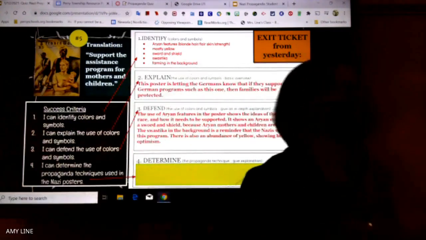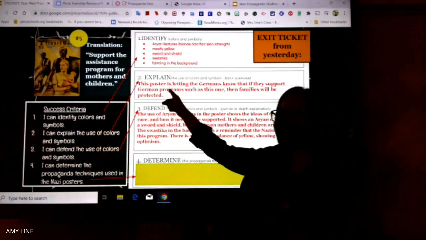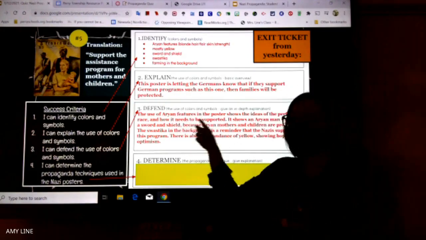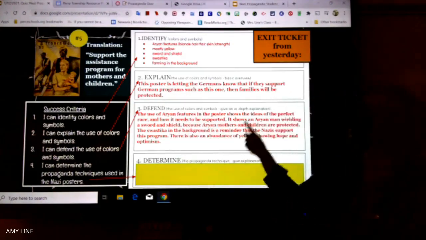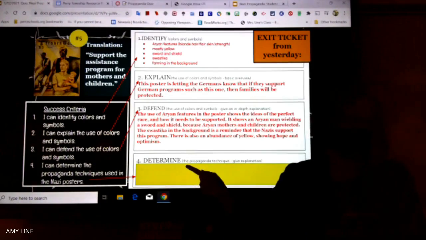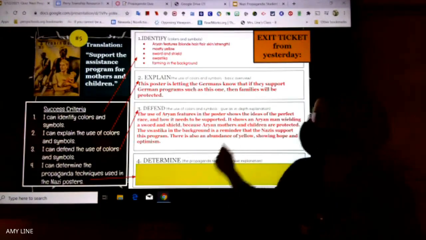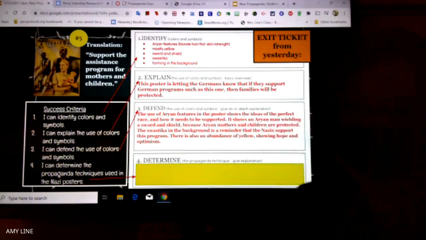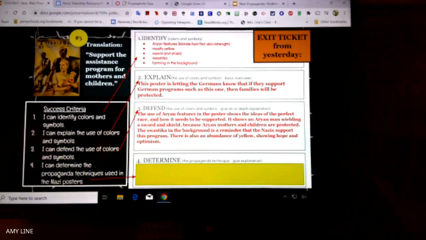Then we get to defend. This is where you are defending your explanation, so you're going in depth. This is where that background knowledge is going to come into play. Miranda, can you read the defend for us, please? The use of daring features in the poster shows the idea of the perfect face and how it needs to be supported.